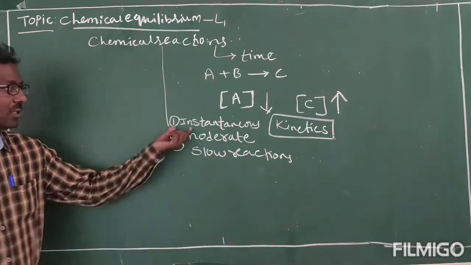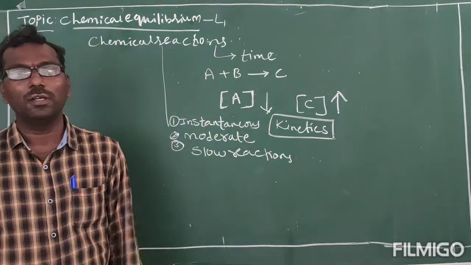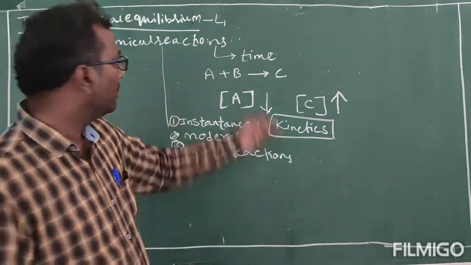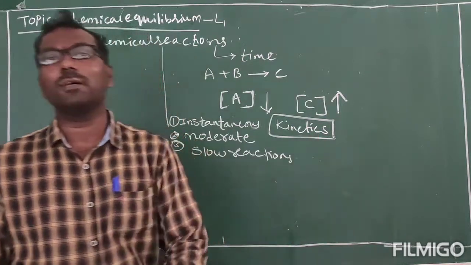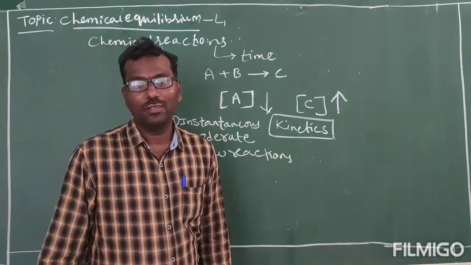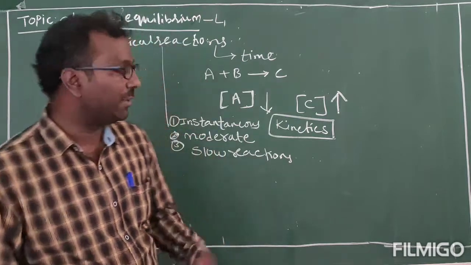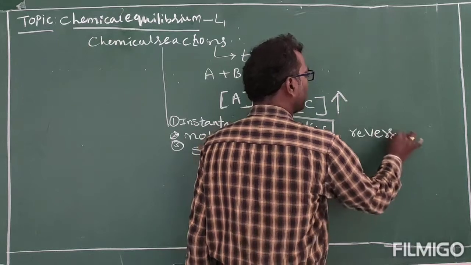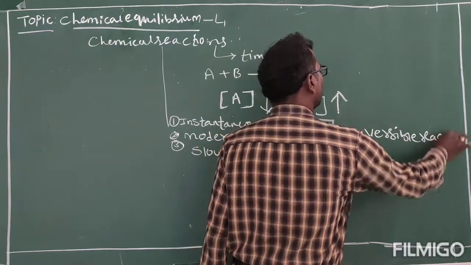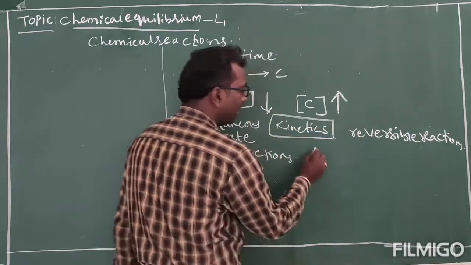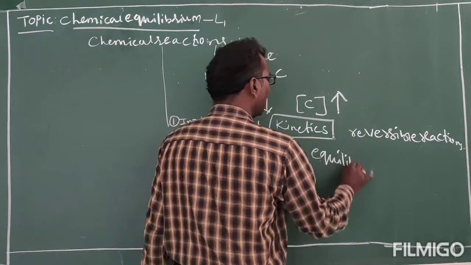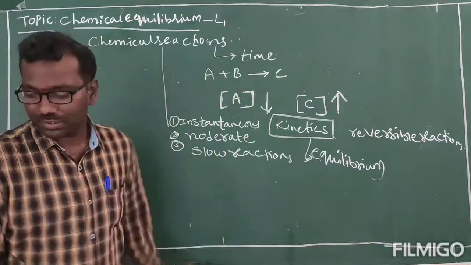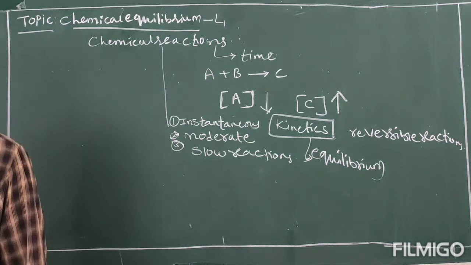Based upon the time, the reactions are classified, and the branch of chemistry which deals with the kinetics of reactions is nothing but chemical kinetics. That chemical kinetics we study for reversible reactions only, and majorly equilibrium kinetics, that is related to the equilibrium concept.